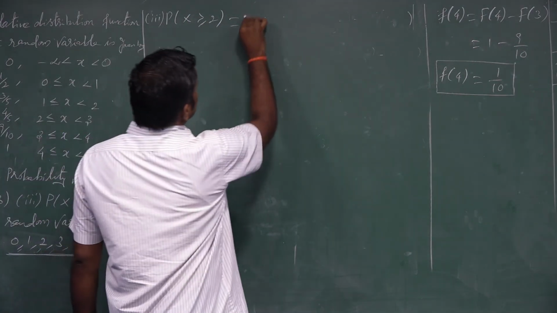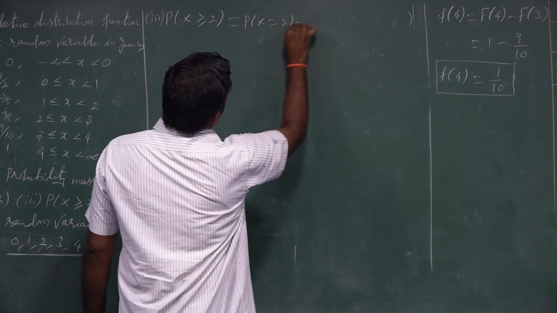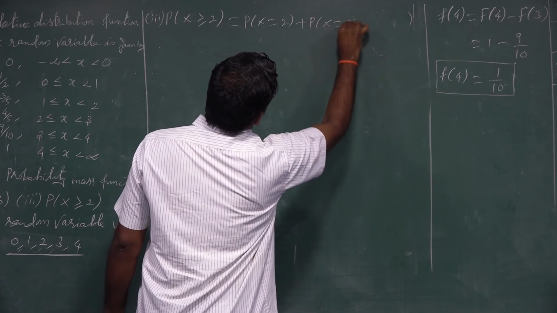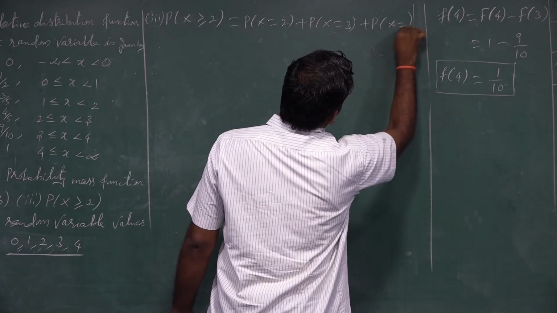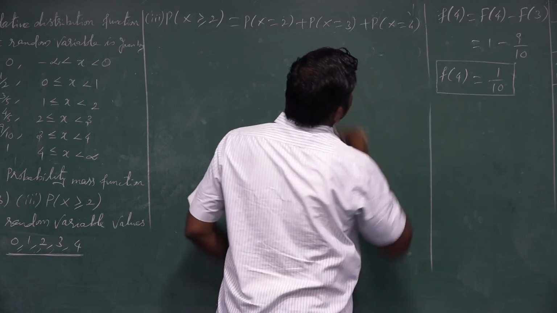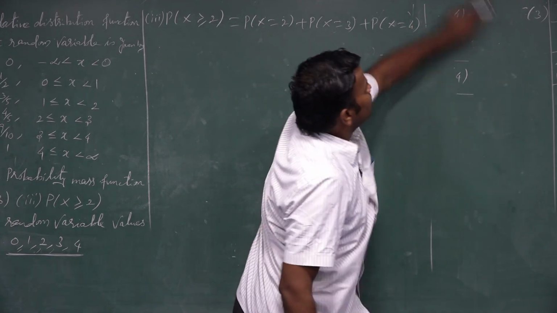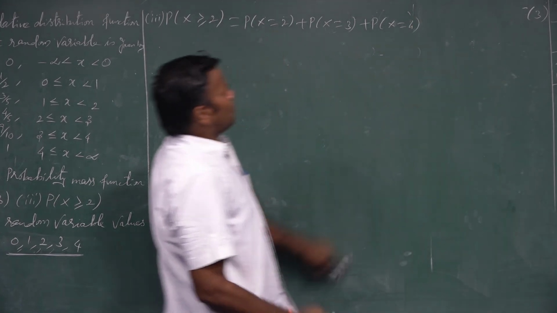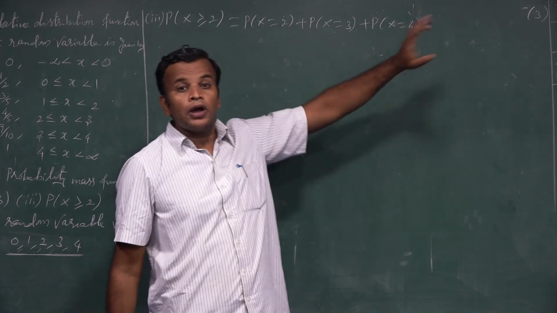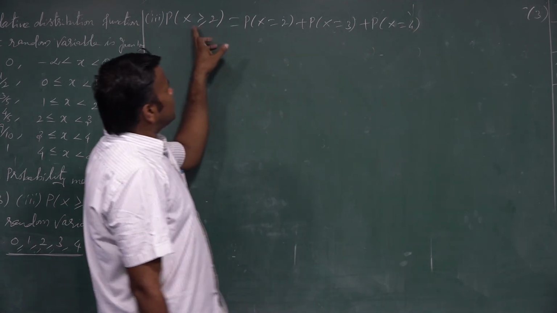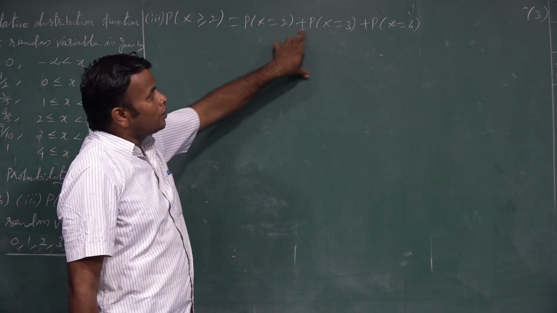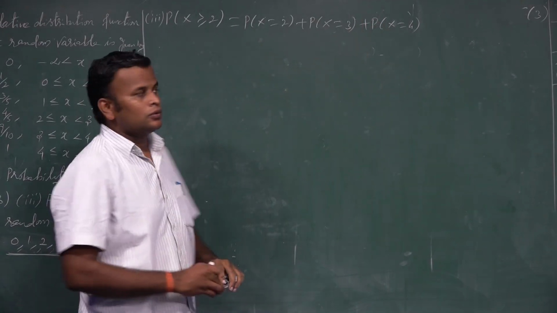So the start value is 2 or 3 or 4. So I find all the 3 values. Why do I stop at 4? Because the maximum value of the random variable is 4. So greater than or equal to 2 means it may be 2 or 3 or 4.